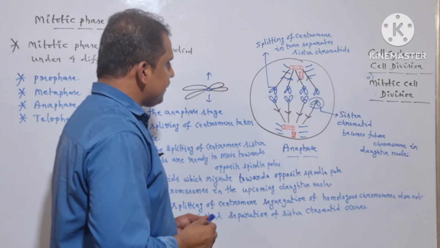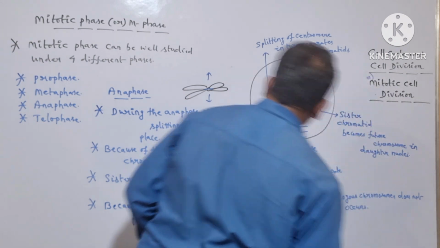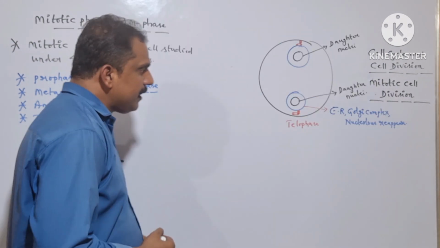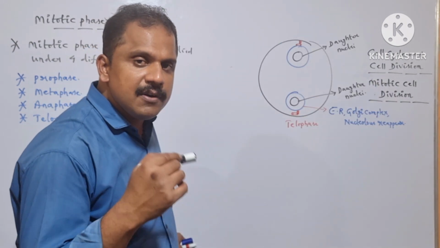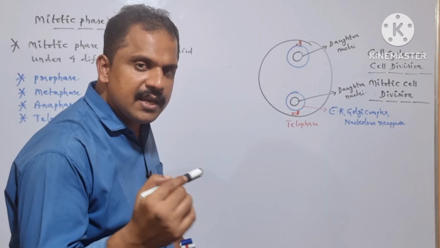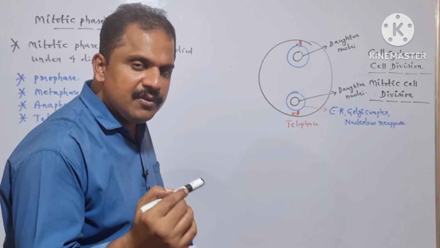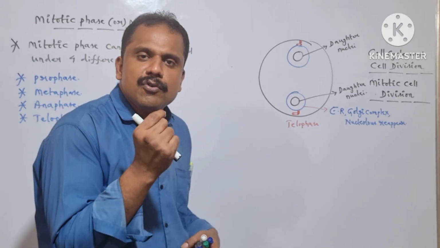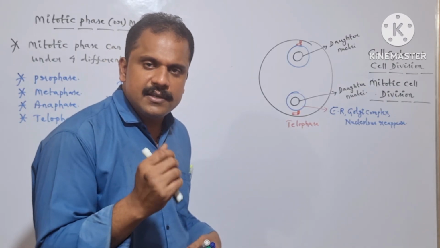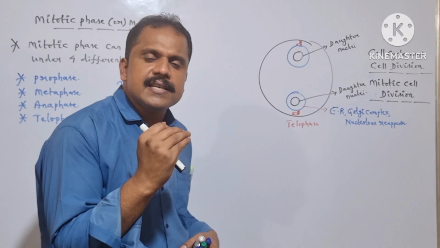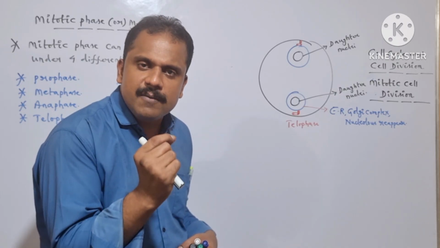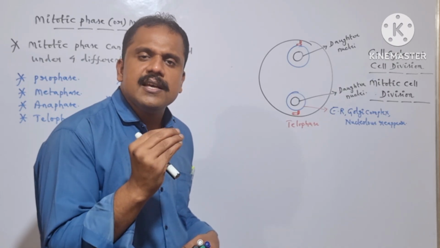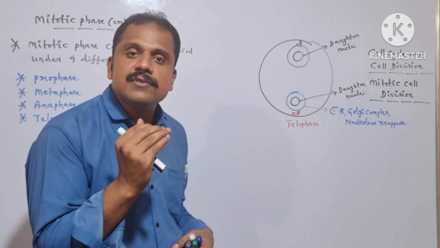So let me arrange the things here. When the mitotic cell division successfully progresses from the anaphase stage to the telophase stage, successful migration of the sister chromatids towards the spindle pole takes place. After the successful migration of the sister chromatids towards the opposite spindle pole, the sister chromatids lose their individuality.